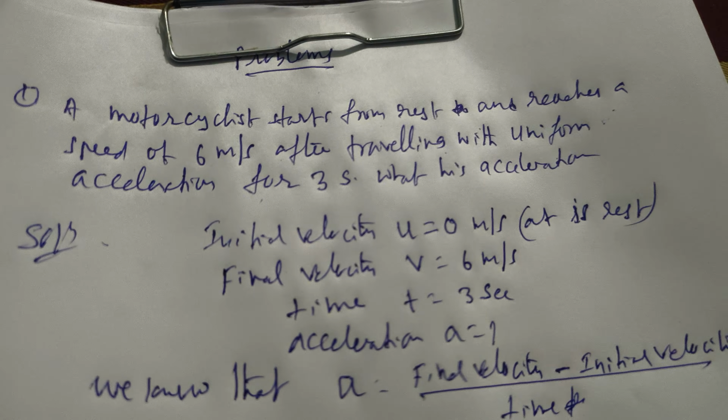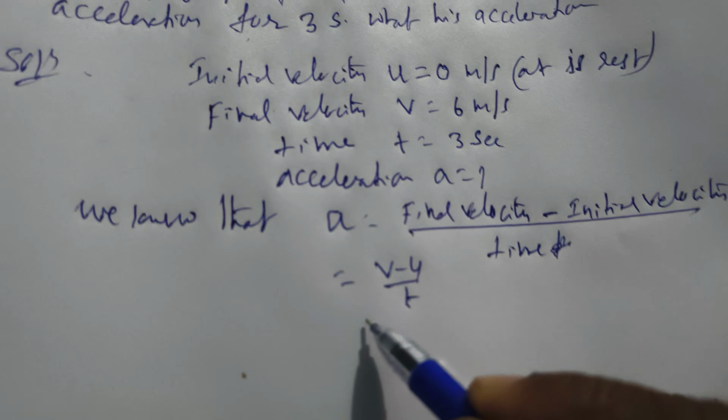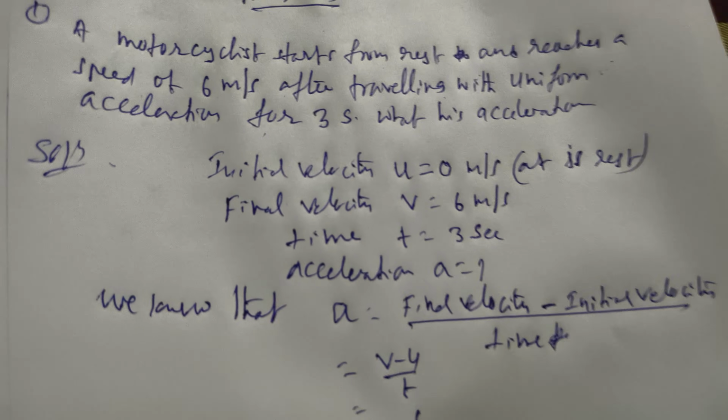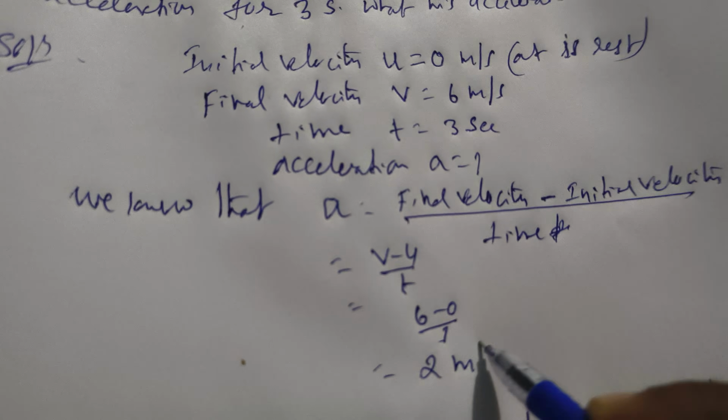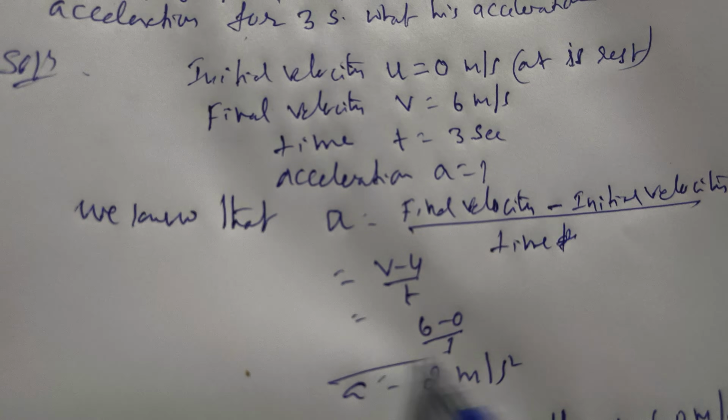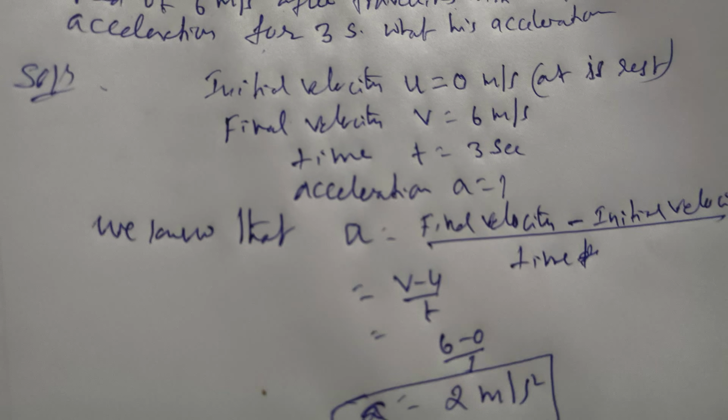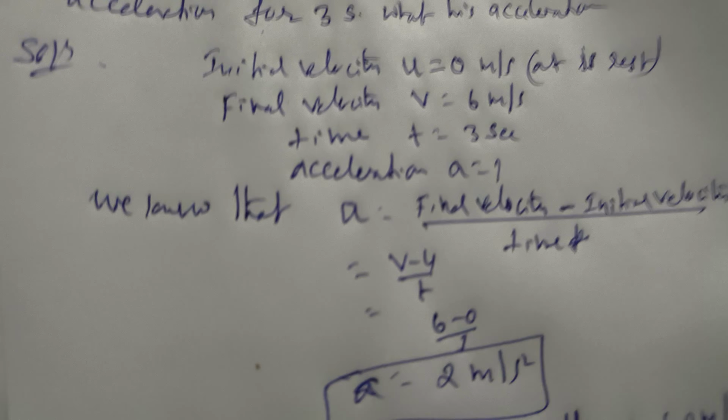So that is equal to v minus u by t. Substitute values, 6 minus 0 by 3, that is equal to 2 meter per second square. So acceleration a equals 2 meter per second square.